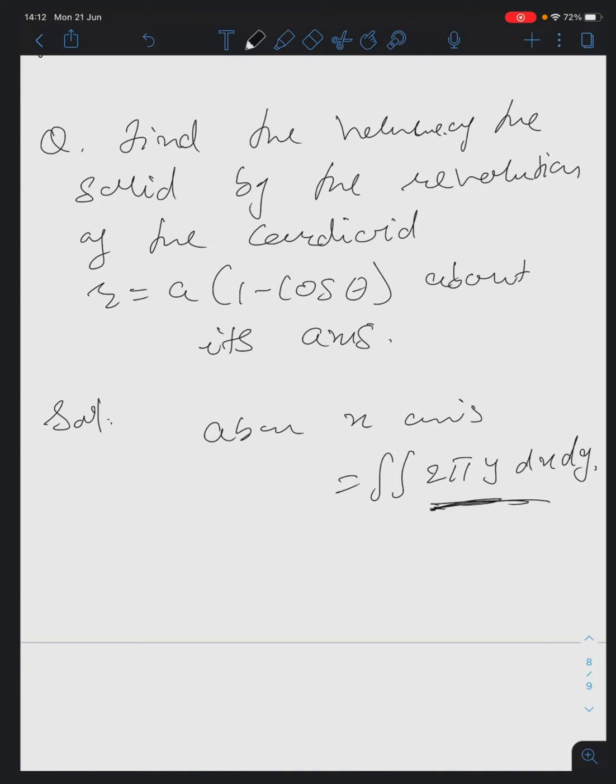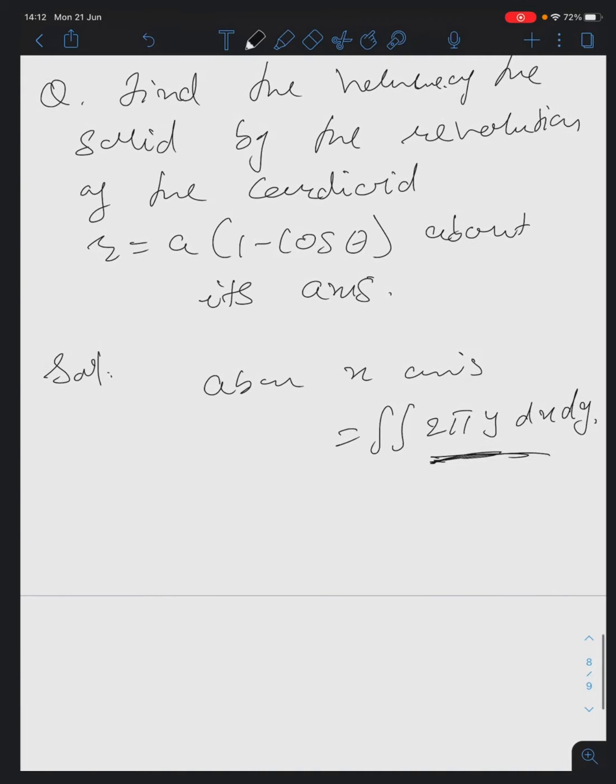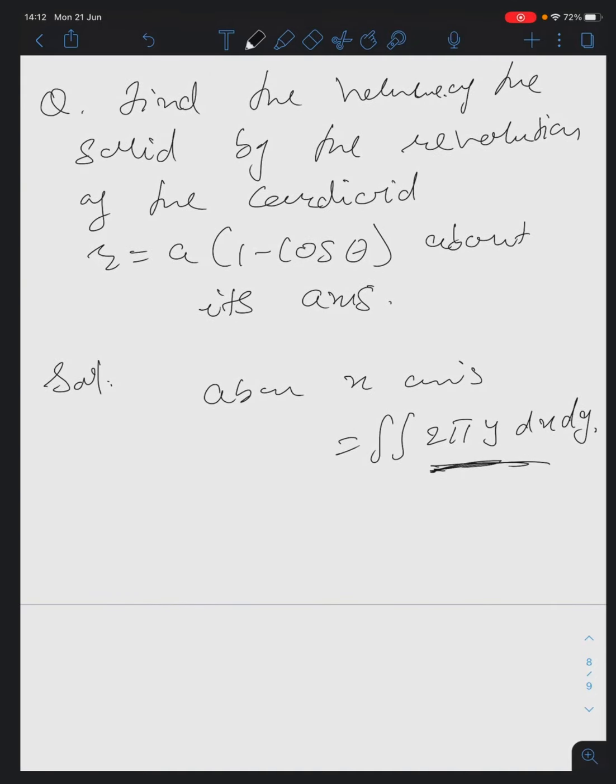Similarly, the volume of the solid generated by revolution of an area about the y-axis is given by 2 pi x dx dy. This is pi, not y.